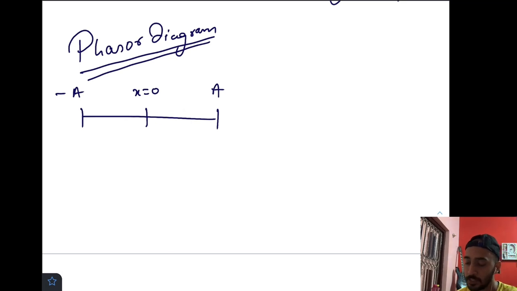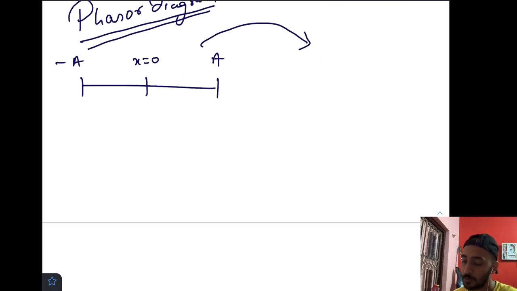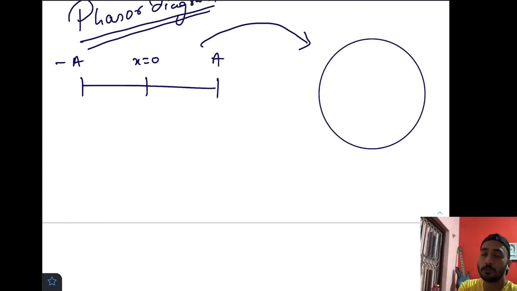Now we will convert this simple harmonic motion into a circular motion. Actually the particle is not performing circular motion, it's just a circular analogy to make our life easier, so that we can solve the questions of simple harmonic motion using the concept of circular motion.